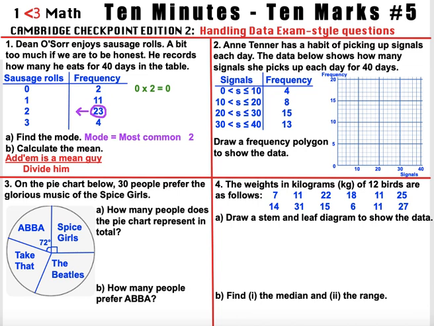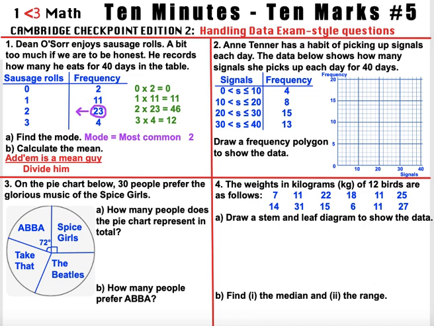But there were 11 days where he ate 1 sausage roll. So 11 times 1, that's 11 sausage rolls. Now there were 23 days where he ate 2 sausage rolls on each day. So that's going to be 46 sausage rolls in total. And then there were 4 days where he went completely wild and had 3 sausage rolls. So therefore that's going to be 3 times 4, 12 sausage rolls.